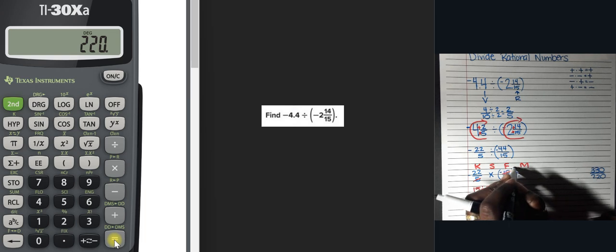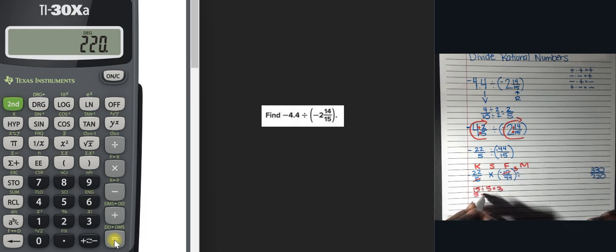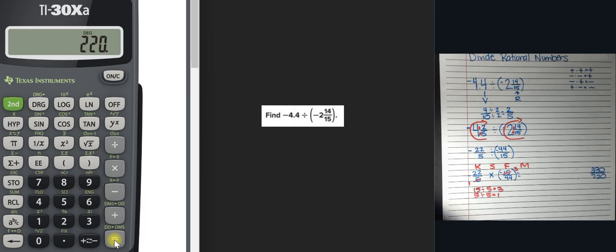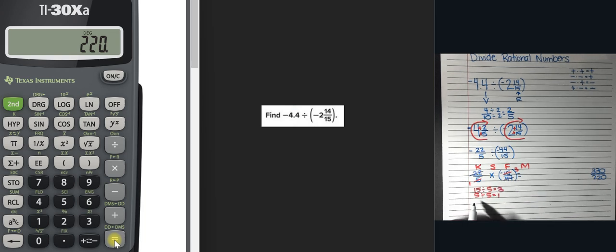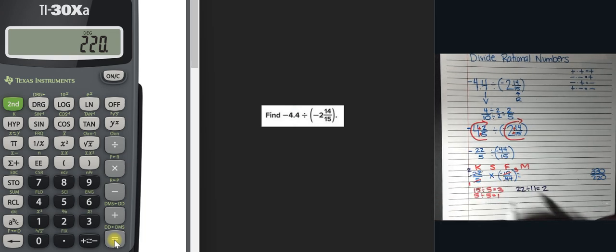And 5 divided by 5 gives me 1. Now, on the other side, we also have 22 and 44. They're double numbers. And so they look like maybe 11s, right? So I'm going to cross those out. 22 divided by 11 gives me 2. And 44 divided by 11 gives me 4.